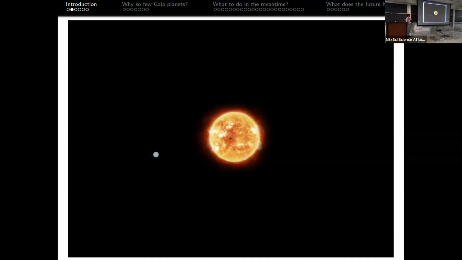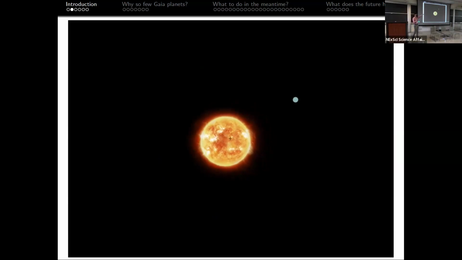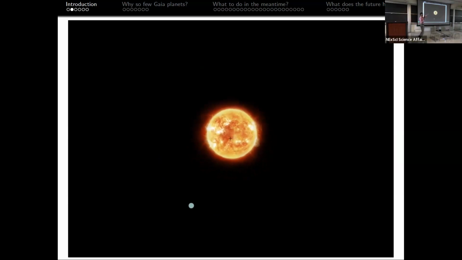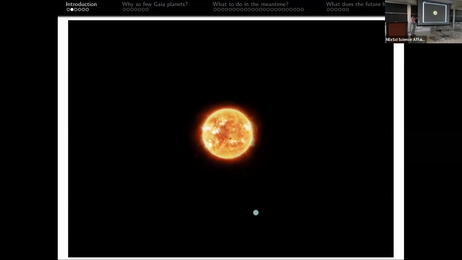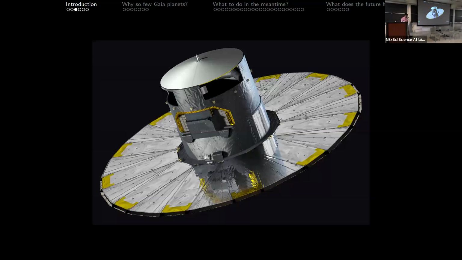Also works for astrometry. Here you're looking at it face on, so this would be pretty difficult with radial velocities, but this is the best case scenario for astrometry. You're trying to measure those periodic shifts in the position of the star's orbit around the system's mutual center of mass. And this has become possible thanks to the Gaia satellite.